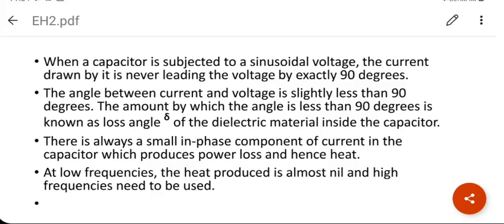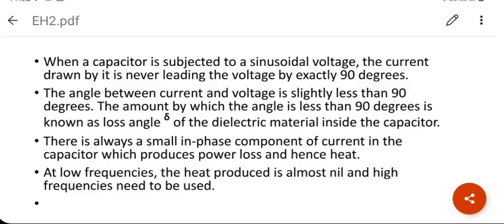And that produces the loss. The angle between current and voltage is slightly less than 90 degrees. The amount by which the angle is less than 90 degrees is known as loss angle, delta. In a perfect capacitor, delta will be 0. And that means current and voltage will be perfectly in 90-degree phase with each other.